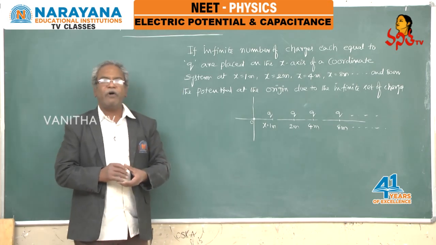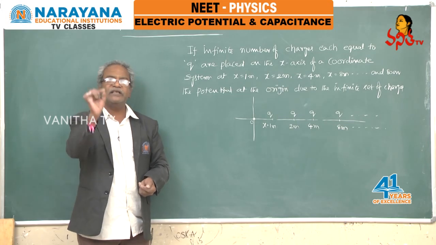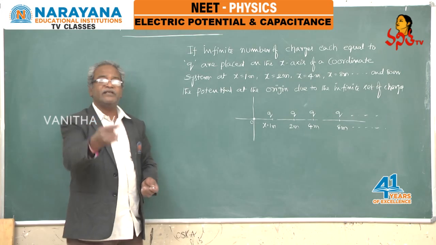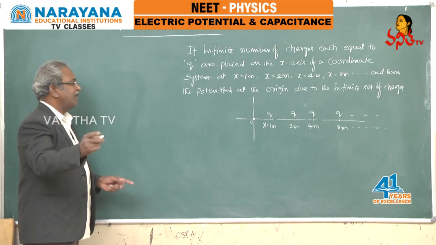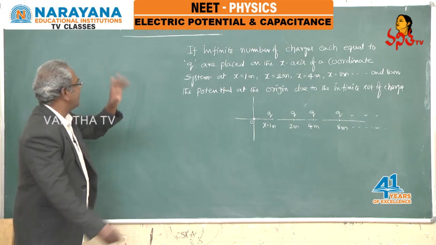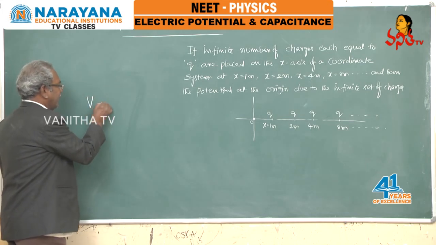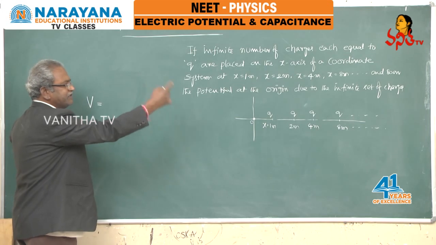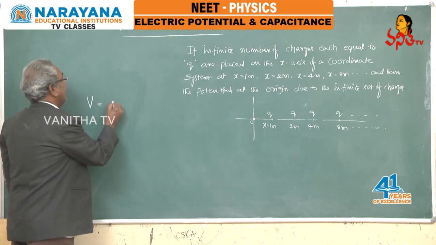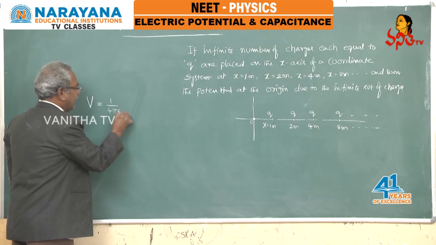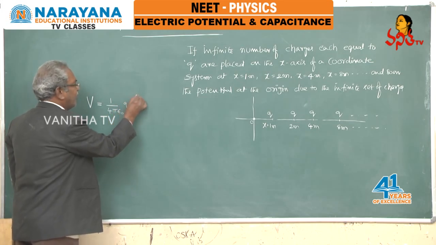Now we know that electric potential is a scalar quantity, so the net potential is the algebraic sum of the individual potentials. Therefore, the net potential at the origin we can write as V equals V1 plus V2 plus V3 plus V4. In all the cases, 1 by 4 pi epsilon naught is a constant, and q is also constant here.